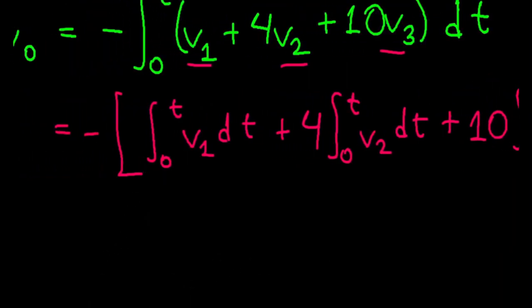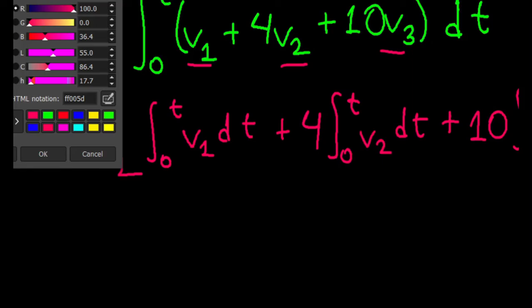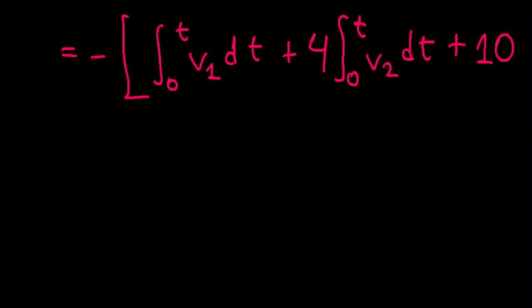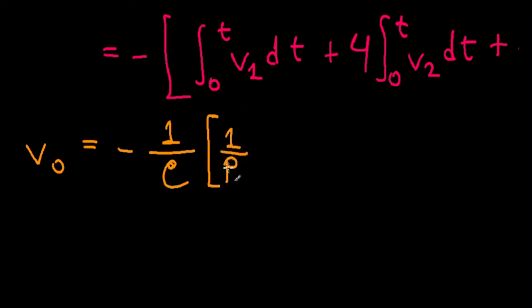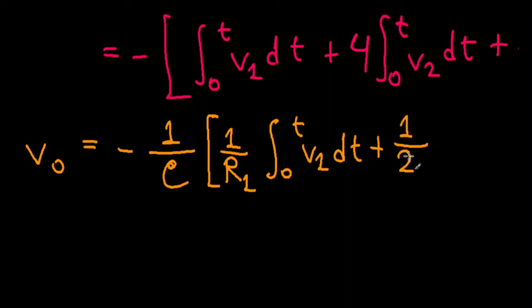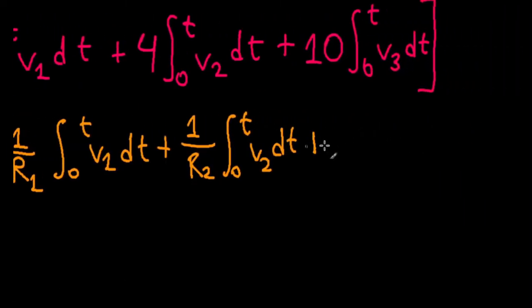Well, if that's the case, let's write what our general formula would be if you're using the summing integrator with three branches: 1 by C, times 1 by R1 integral from 0 to t of v1 dt, plus 1 by R2 integral from 0 to t of v2 dt, plus 1 by R3 integral from 0 to t of v3 dt.